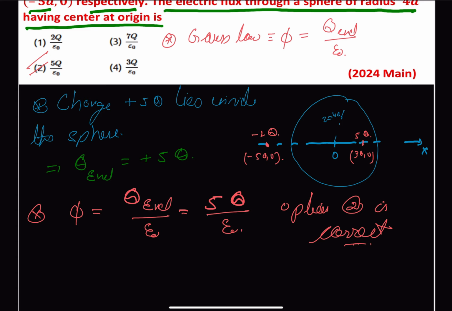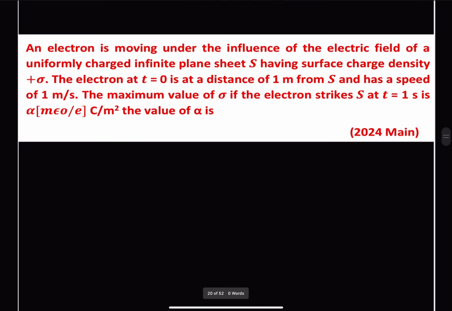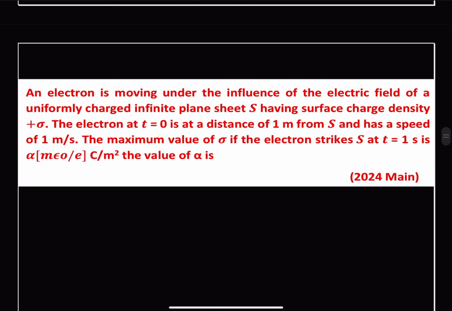Next question. It states that an electron is moving under the influence of the electric field of a uniformly charged infinite plane sheet S having a surface charge density plus sigma.